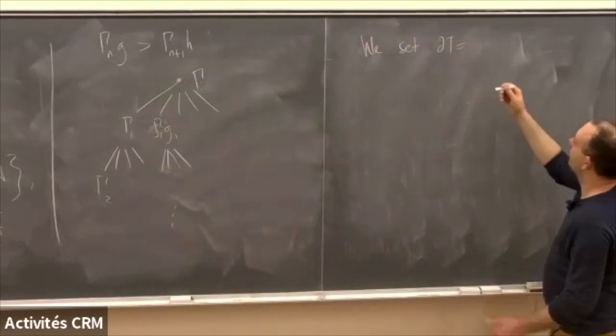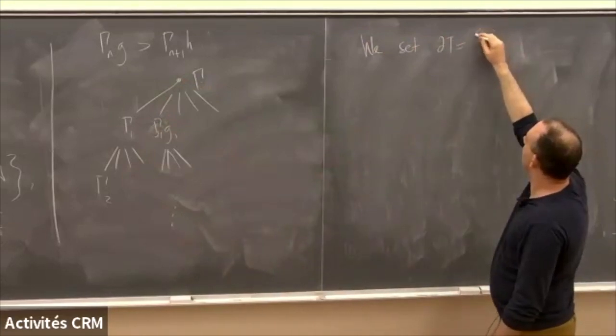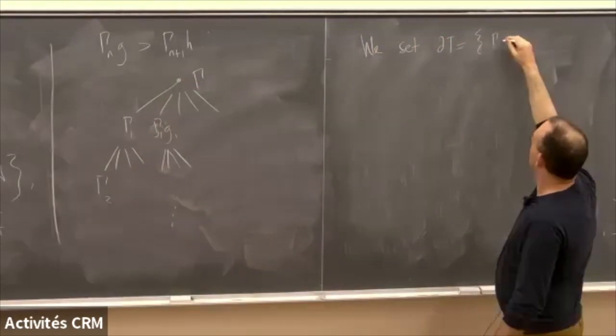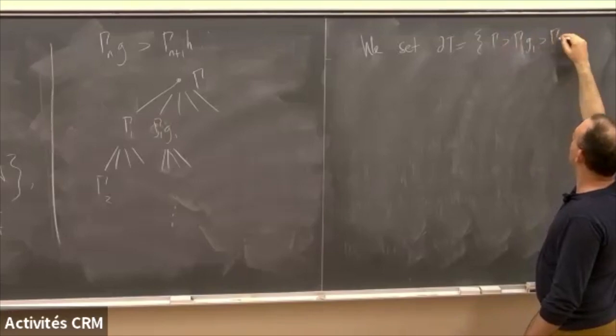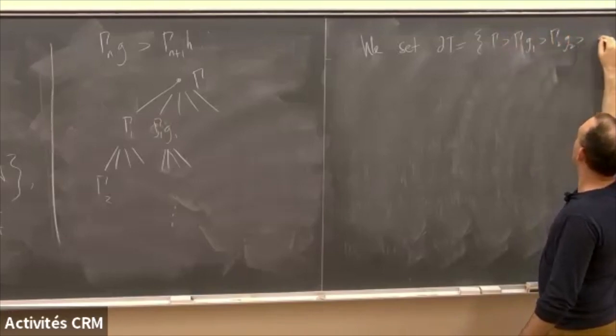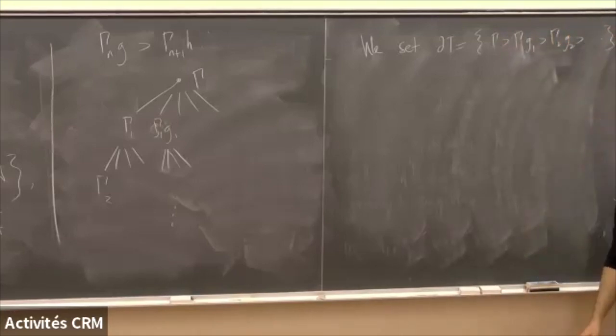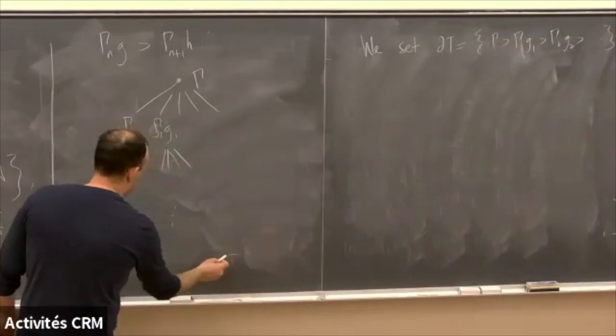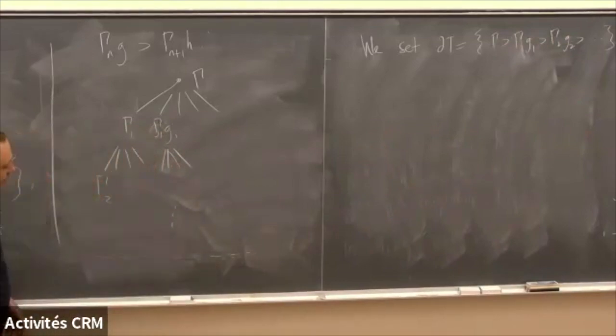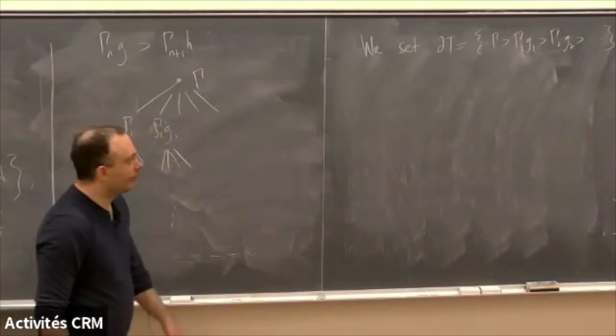So another way to say this is that it's the set of all chains, gamma containing gamma 1 g1, containing gamma 2 g2, et cetera. Okay. And visually, you're supposed to imagine the boundary as this Cantor set at infinity.